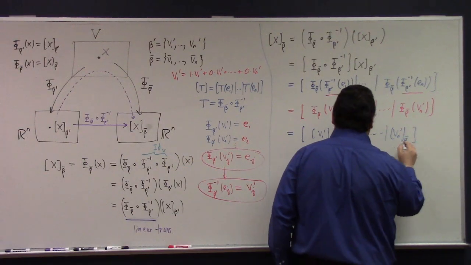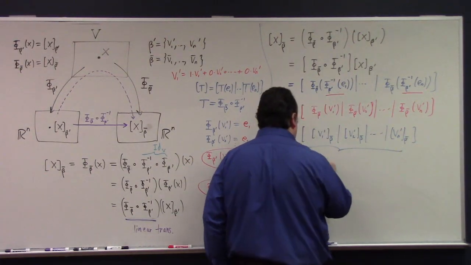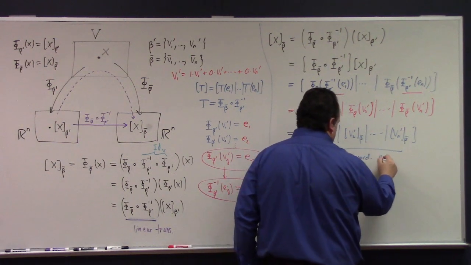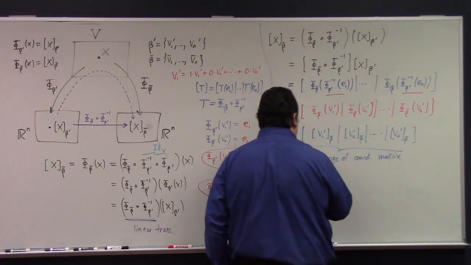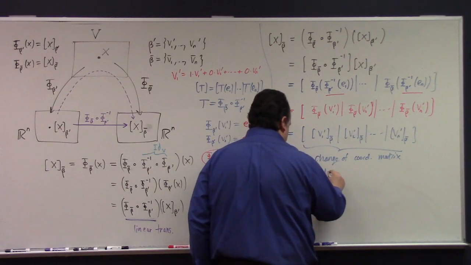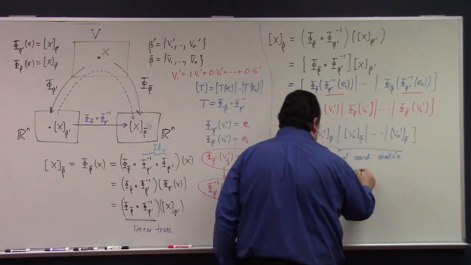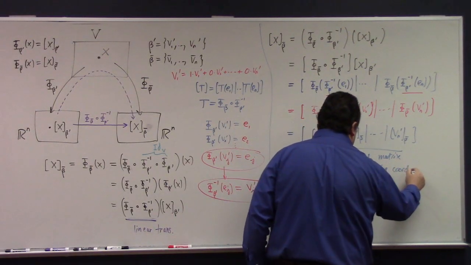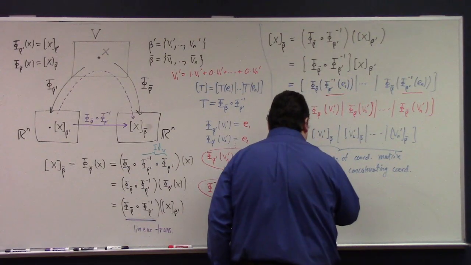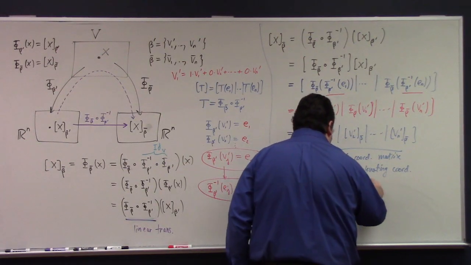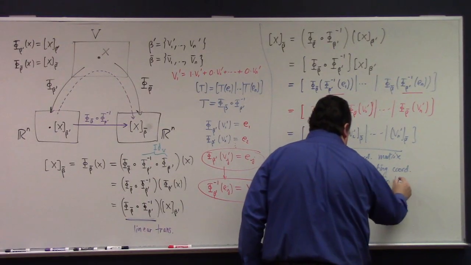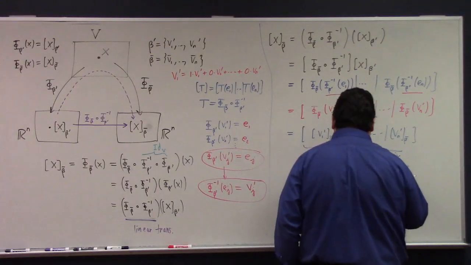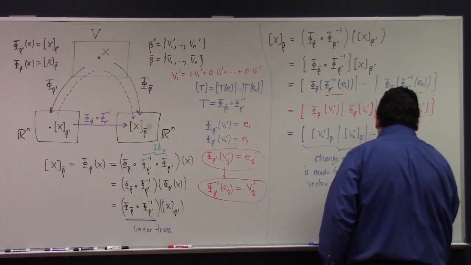In other words, this right here, the change of basis, or change of coordinates matrix, is made from concatenating the coordinate vectors of one basis with respect to the other.